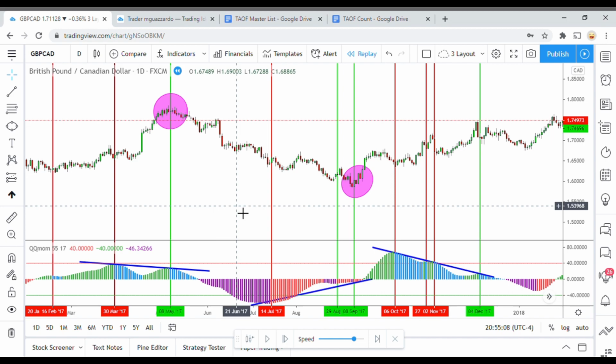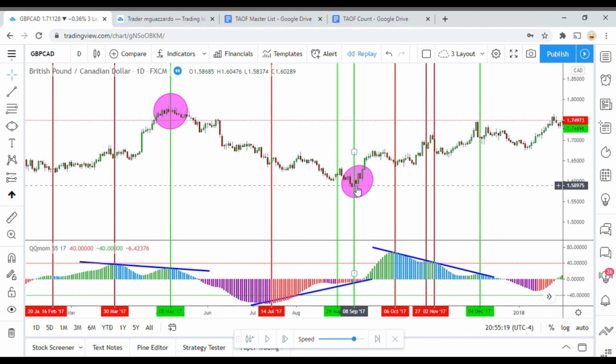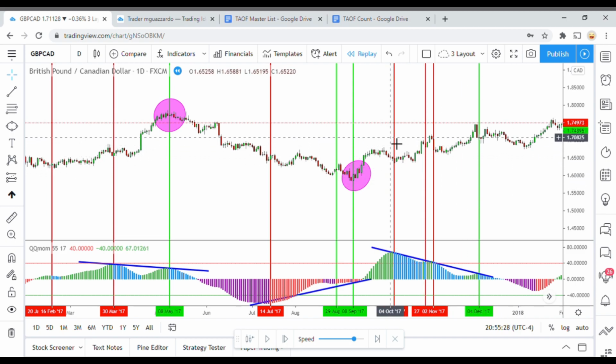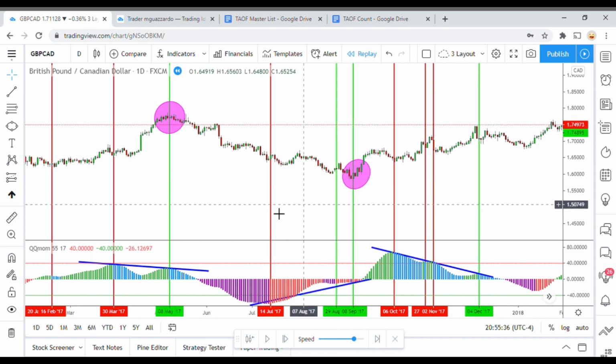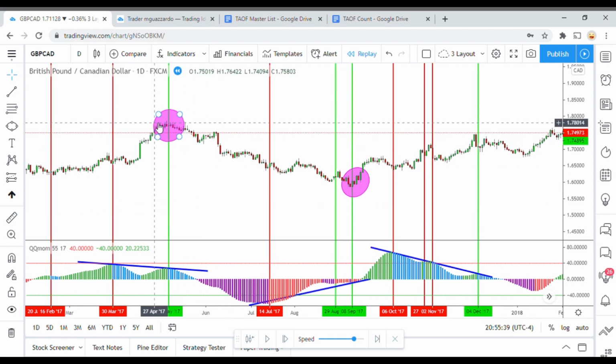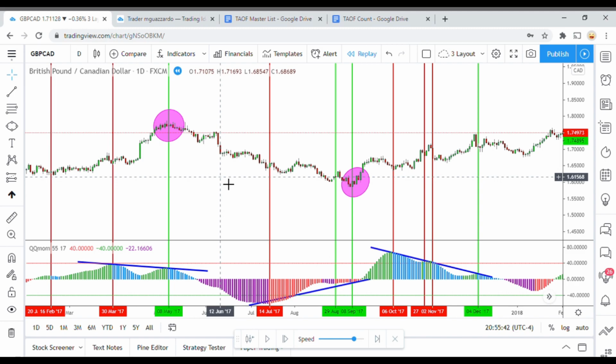I might throw it on a chart and just play around with it a little bit, just to see. Like I said, anytime you see an indicator that can call tops and bottoms with that kind of accuracy right there, even if there was a whole bunch of losing trades back in here, it's definitely something you could keep an eye on, dissect it a little bit, and see if you can't figure out what allowed it to make those calls right there, isolate them out, and see if we can't utilize it in some way.